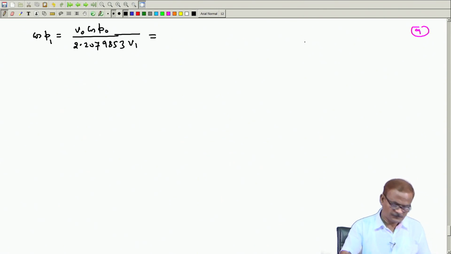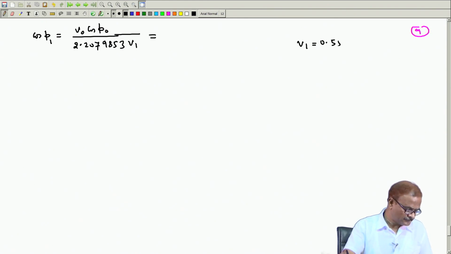Okay, so V 1 we have written as 0.5529946 under root mu by R 0.